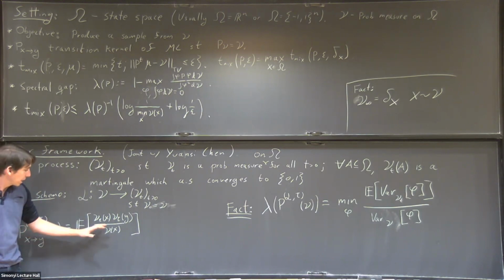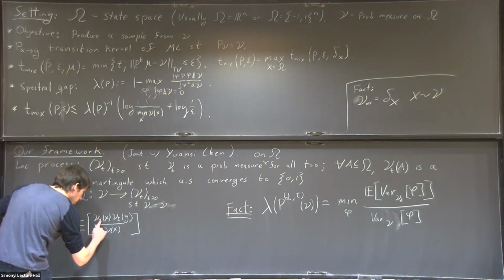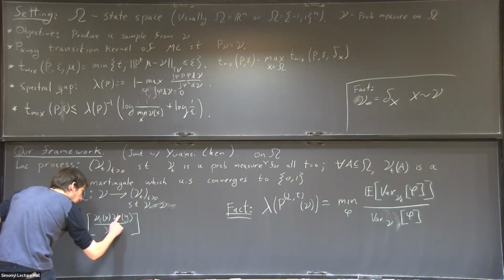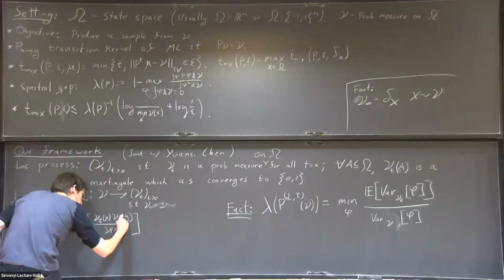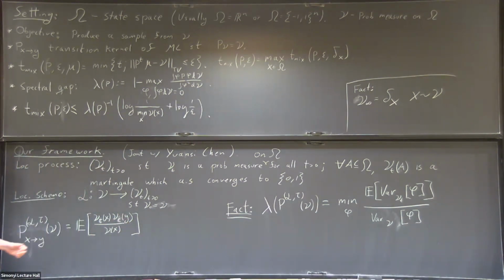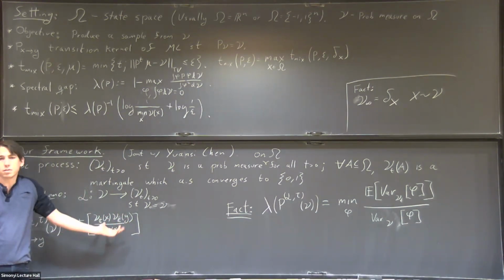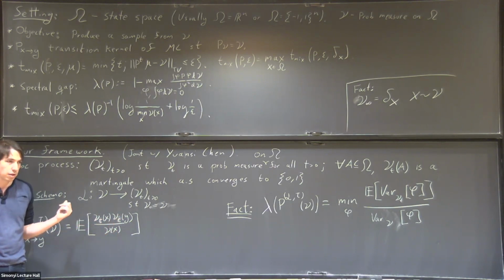It's tau in both places. And this is just a formula that depends on X and Y and the randomness.